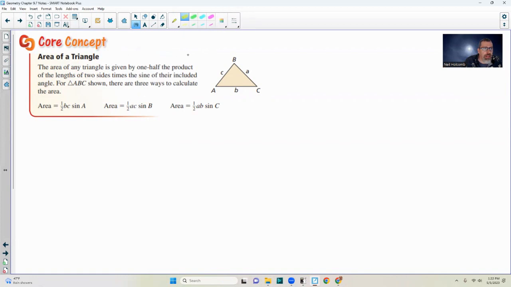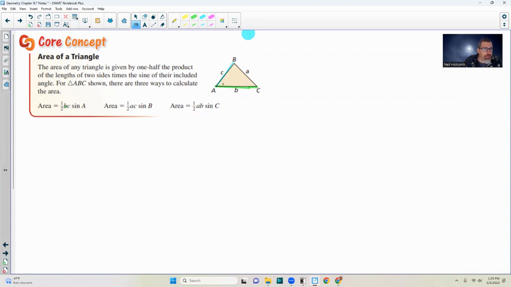If I go to my highlighter here, let's use green. So b c sine A. This is side B, which is between A and C. And C is right here.